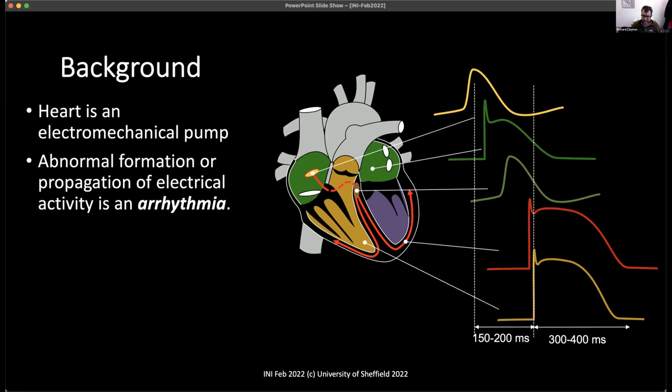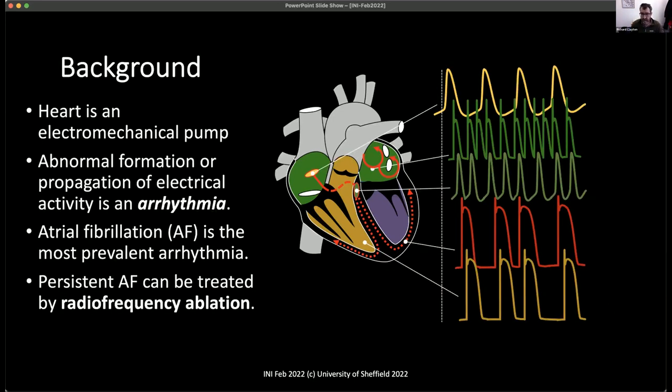and then through the rest of the body. So this electrical activation sequence is very important, and if it is disrupted in any way, we have an abnormal heart rhythm or an arrhythmia. The one that I'm going to talk about mostly today is called atrial fibrillation, which is increasingly common in the industrialized world.